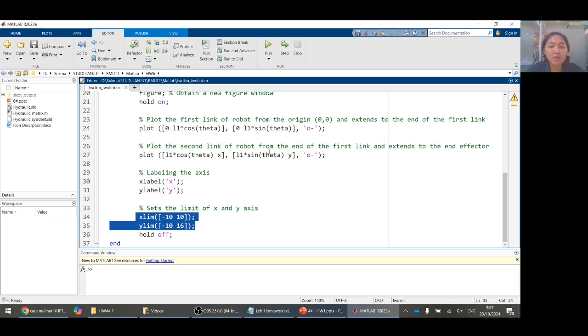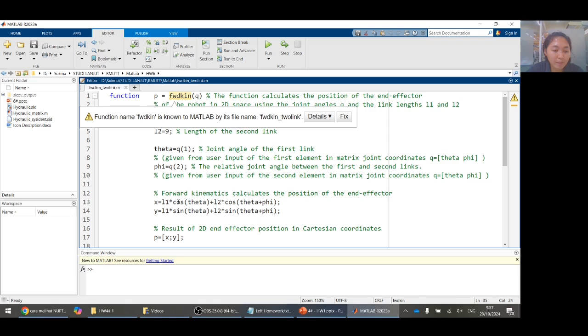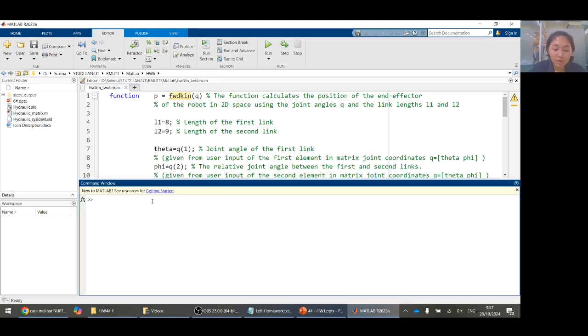Then after that, save the M file with a specific name, and after that, write the value of q. This is displayed in radians, and then call the M file name, the name is like this, with the variable q.